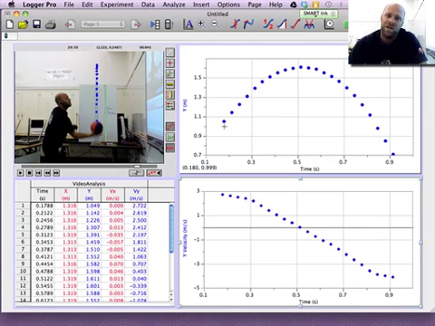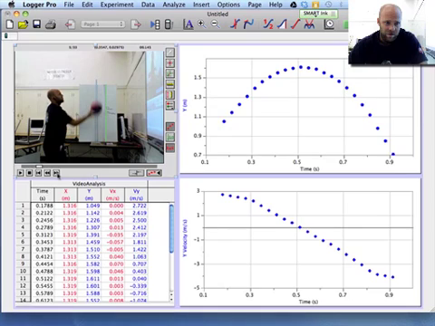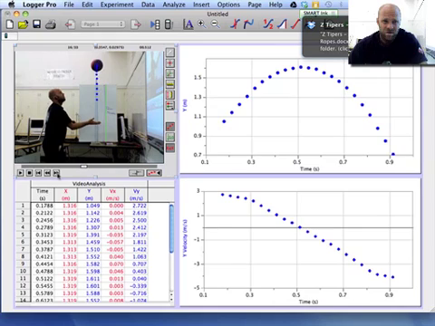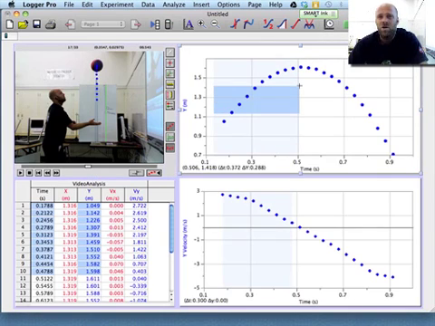So what's happening is as the ball rises, as the ball is thrown up in the air, it gradually slows down until it reaches the top. The slope in the first half of this graph gradually gets steeper.